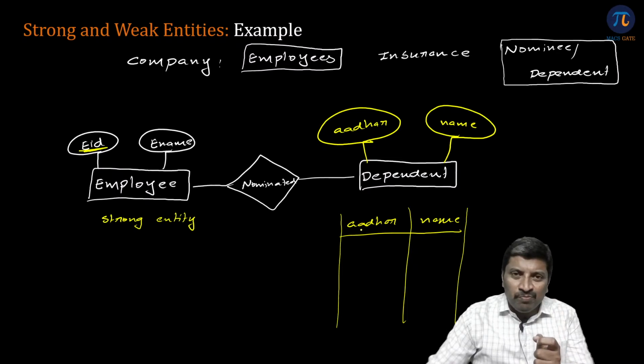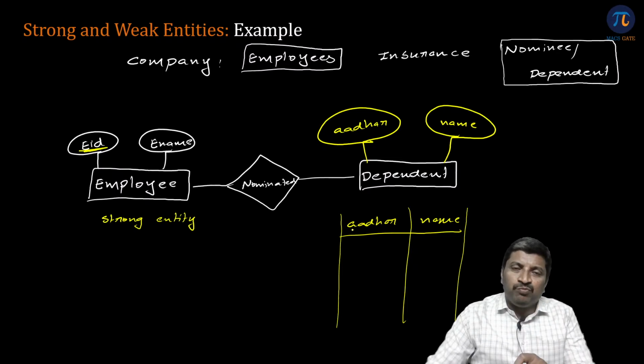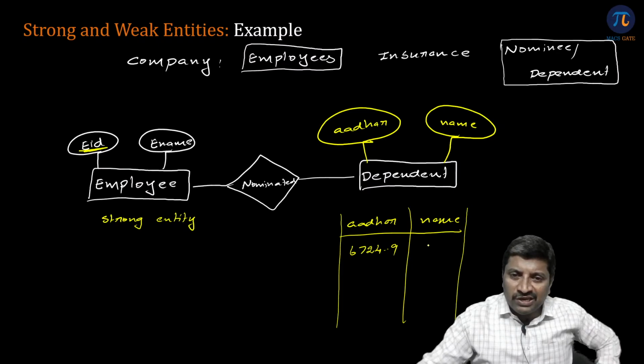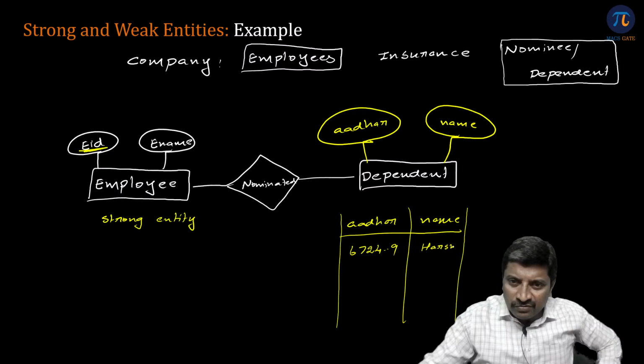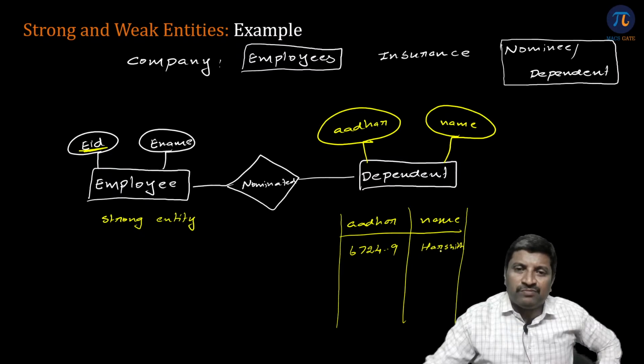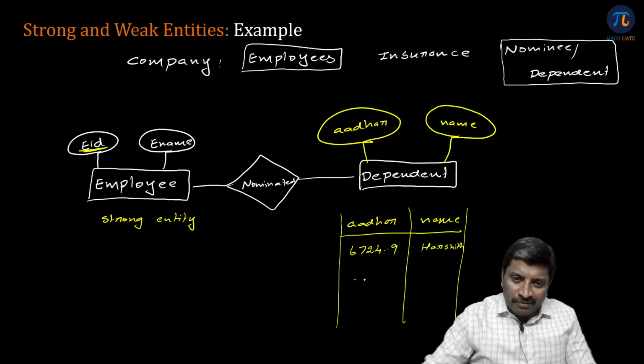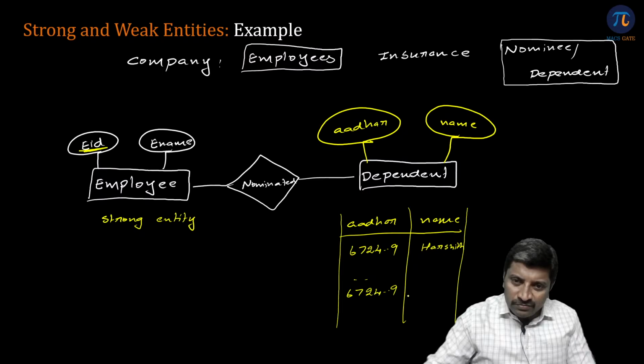Now, let us assume my wife and I both are working in the same company. I appointed my son, whose Aadhaar number is like this and whose name is Harshit, as nominee. Of course, my wife also appointed my son as nominee.